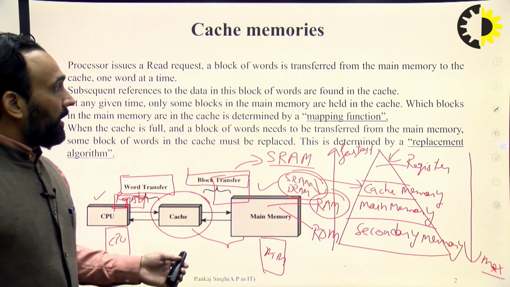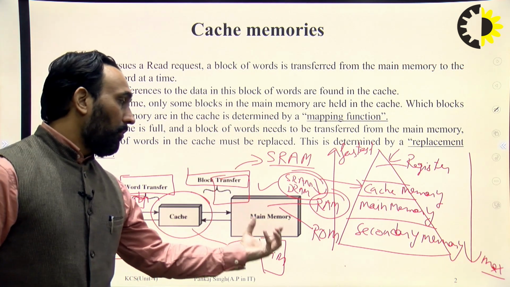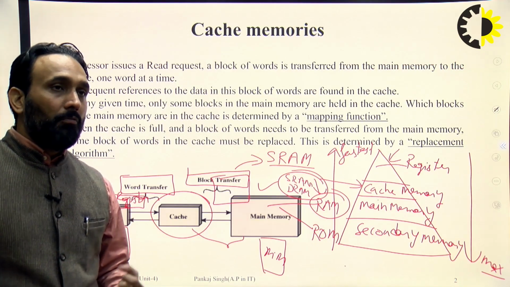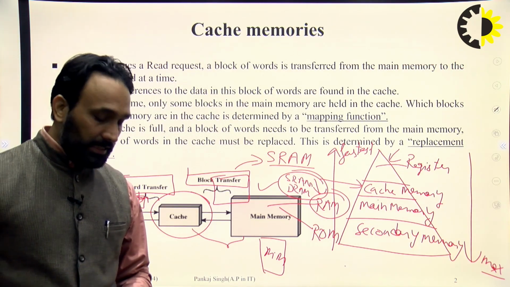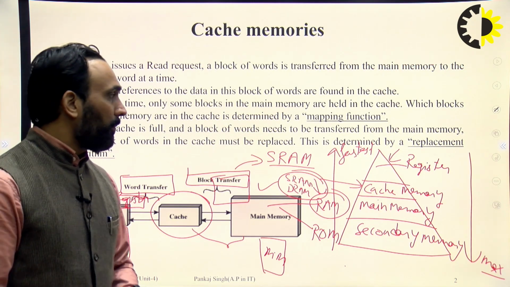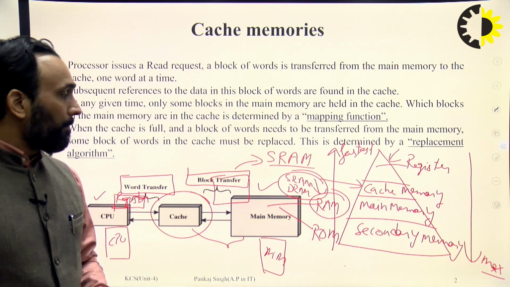So we require mapping techniques for mapping blocks from main memory to the cache memory. For that we will go into detail in the next slide. That is a brief overview of where cache memory lies in the memory pyramid.